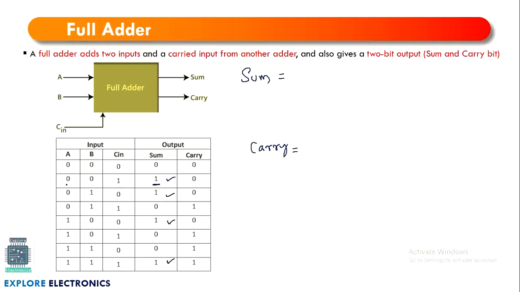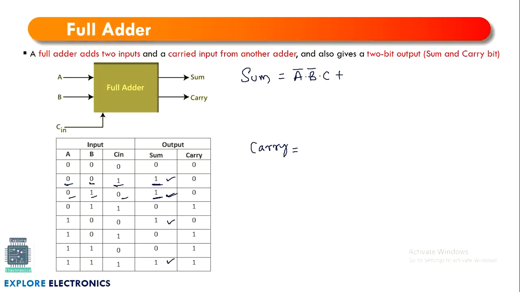So for this one we need to take these 3 inputs into consideration. This 1 is generated by using A is 0, B is 0 and carry is 1. That's why I am going to write, if it is 0, take bar: A bar, B bar, C plus. The next value 1 is generated here.